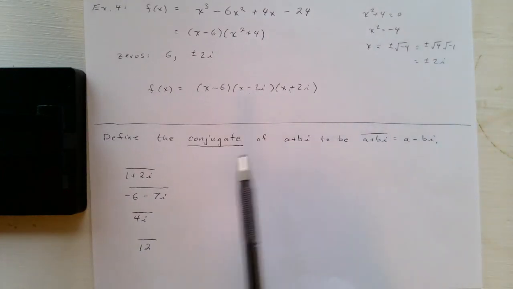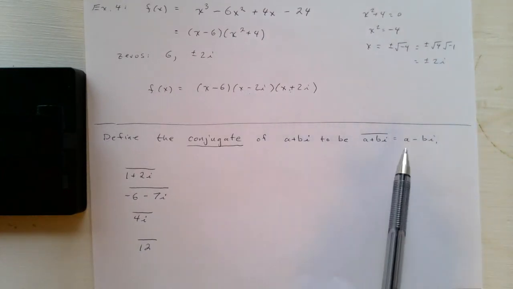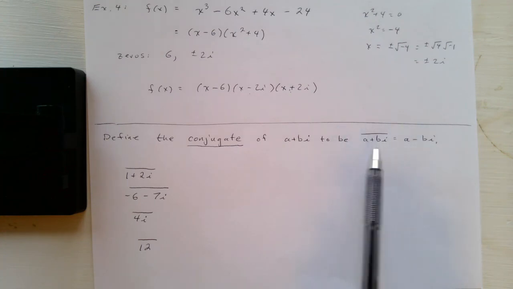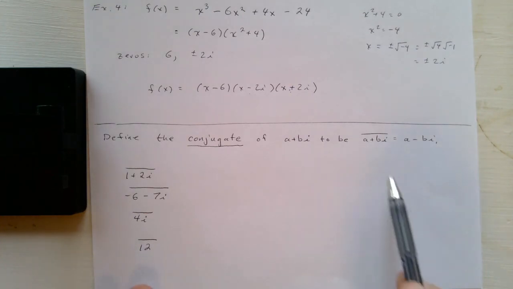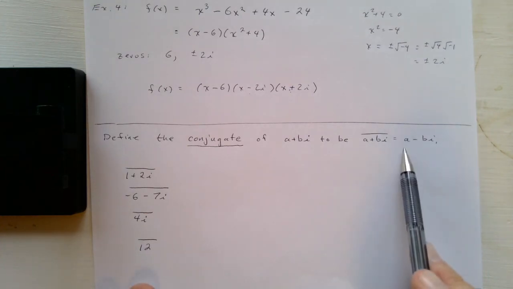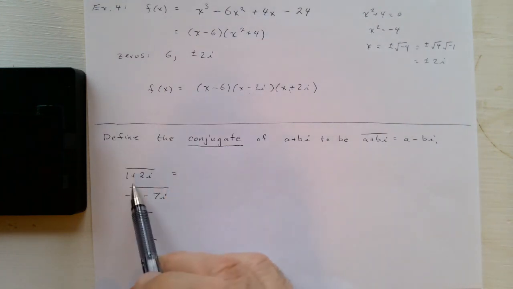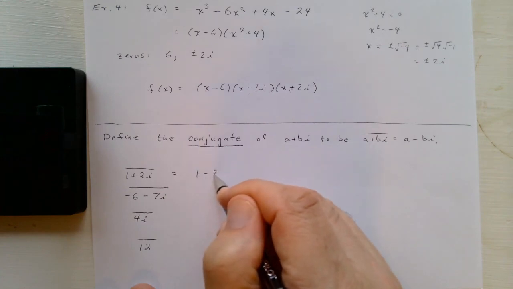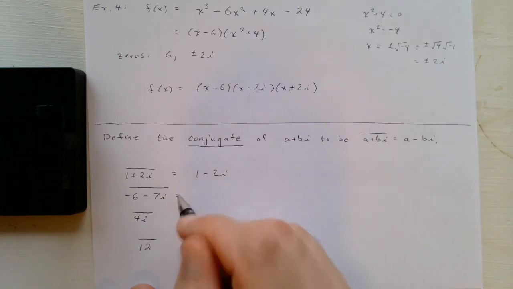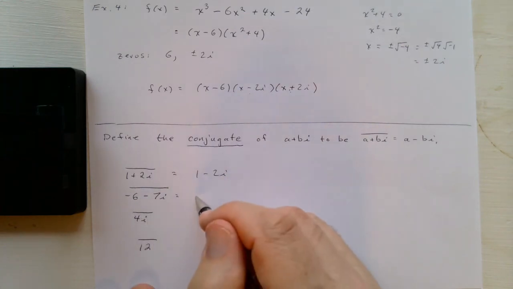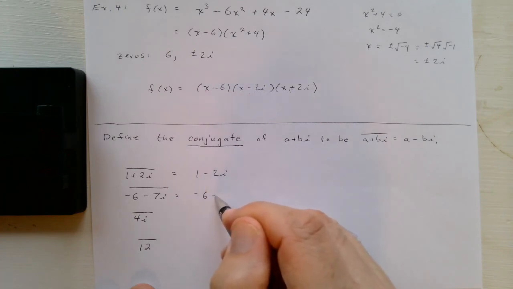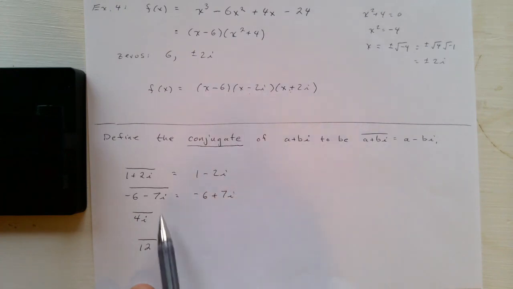We have a special name for this number. When we change the sign of the imaginary part, we call that the conjugate of a complex number. So we define the conjugate of a plus bi to be a minus bi, and we denote it by putting a bar on top of it. And some of you might have seen this already. So you're keeping the real part the same and changing the sign of the imaginary part. So the conjugate of 1 plus 2i will be 1 minus 2i. The conjugate of minus 6 minus 7i would be minus 6 plus 7i, because in this case, b is negative 7.